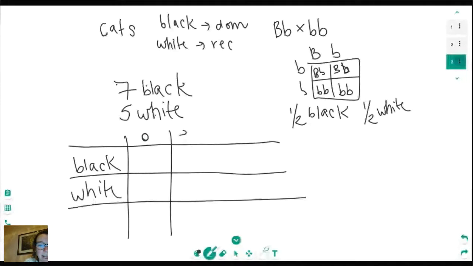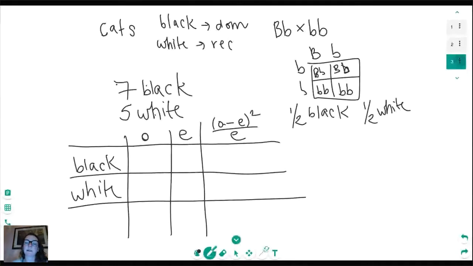Then we have what we expect. And then we're going to do the math. And remember that you already have this equation on your equation sheet. And we're going to do the math in order to find our chi-square value. Okay, so this table would be provided for you if it was on a free response question. So don't worry about having to create it yourself, but this is what it would look like. So you're just going to go ahead and plug in your numbers. So it shouldn't be too hard.